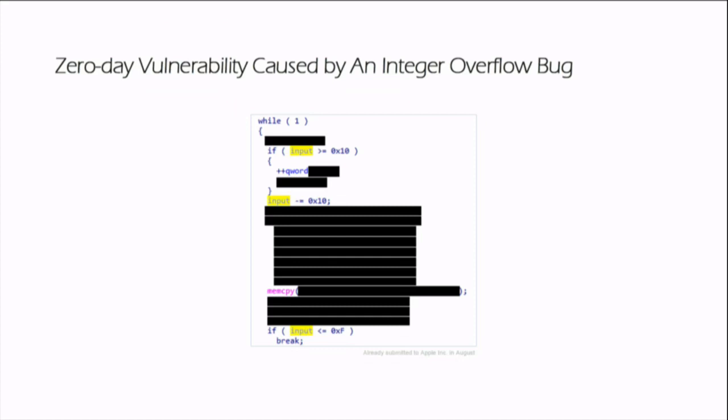Let me give you some background on this code. The input, in the yellow color, is the length of my input data. And the length of the input data should be a multiple of 10. All numbers are in hex format.